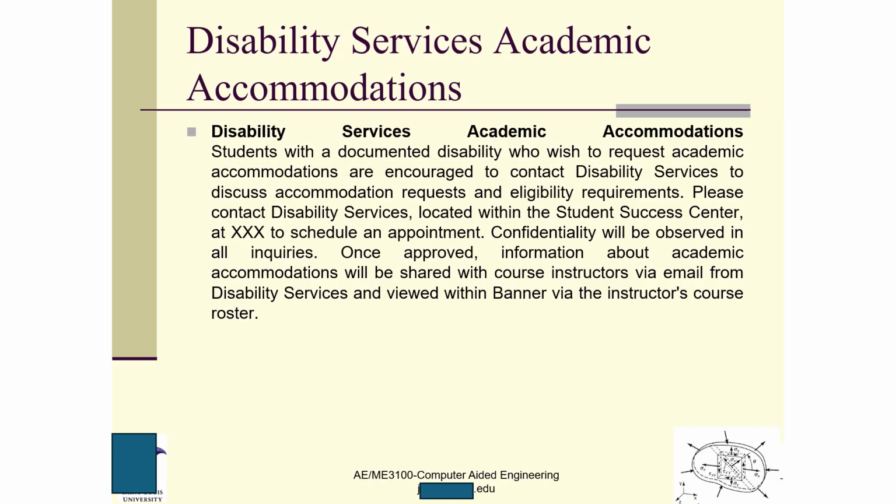Please contact disability services, located within the Student Success Center at the university, to schedule an appointment. Confidentiality will be observed in all inquiries. Once approved, information about academic accommodations will be shared with course instructors via email from disability services and viewed within Banner via the instructor's course roster.